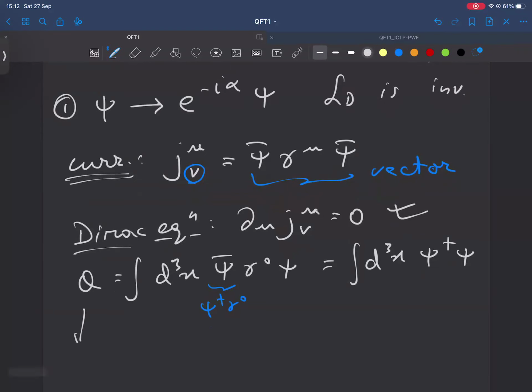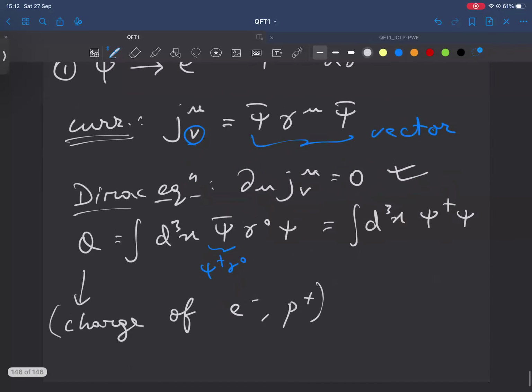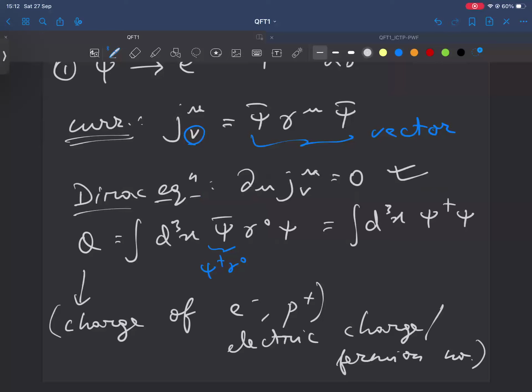Now, when people talk about charge of the electron or proton or whatnot, it is this charge that is being computed, this Q. Okay, because this gives the electric charge or the fermion number, because this counts the number of fermions you have in your theory. So if you like, it is the electric charge or the fermion number, how many fermions are there. And yeah, so this is exactly what you measure in the lab.